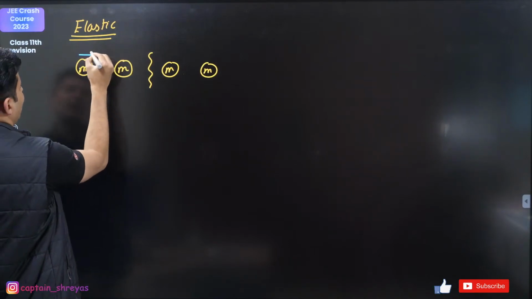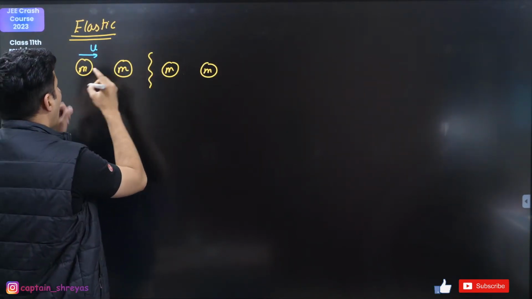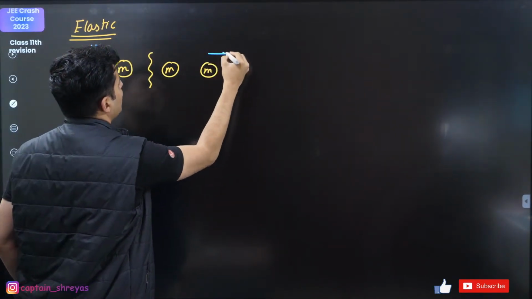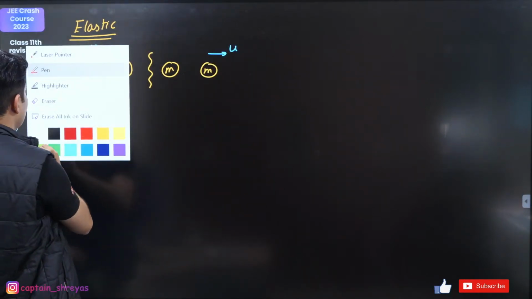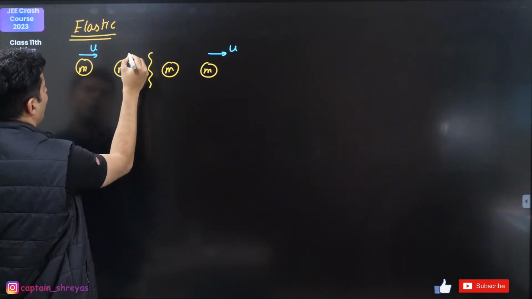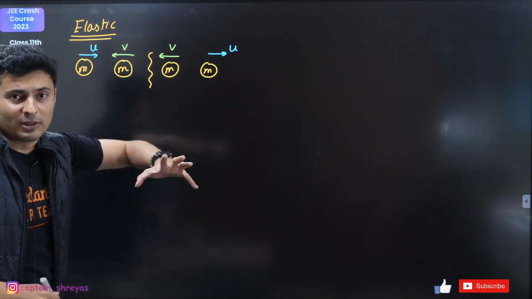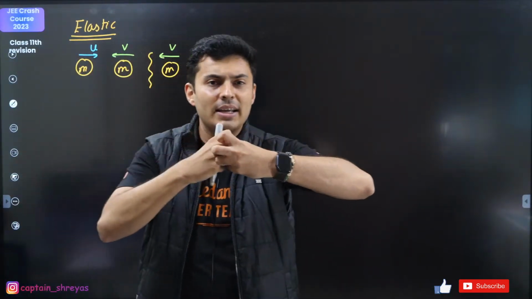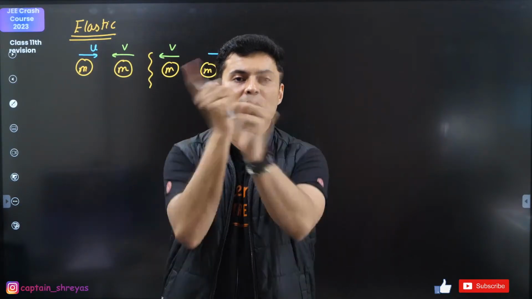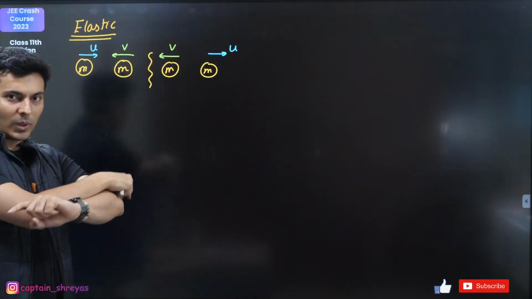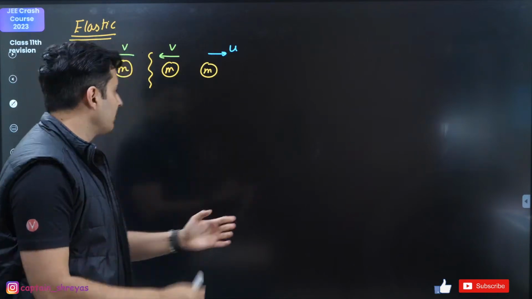Meaning, if this mass had velocity u, after the collision this mass will get velocity u. If this mass had velocity v, this mass will get velocity v. Two equal masses colliding elastically, their velocities get interchanged. Keep this in mind.